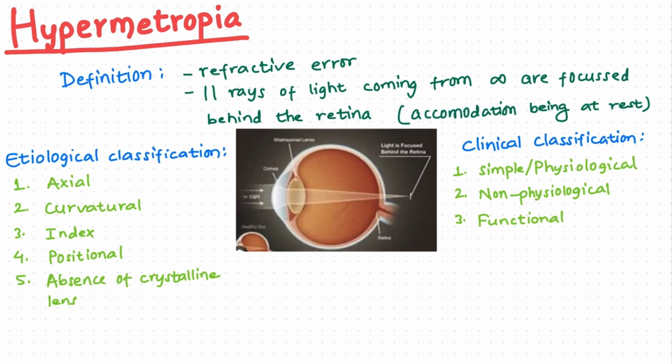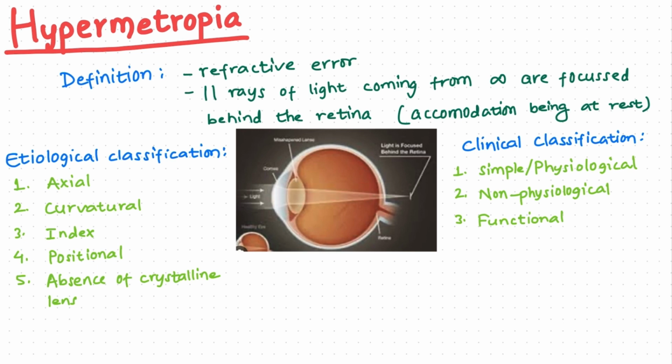Now talking about its classification, it can be classified on the basis of its etiology or clinically. On the basis of etiology, it can be classified into axial hypermetropia, curvatural hypermetropia, index, positional, and because of absence of crystalline lens. Talking about them one by one, axial hypermetropia is when the axial length of the eyeball is shorter, right?